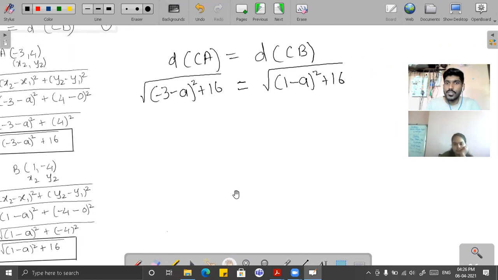Now we need to simplify this to find the value of A. First, we need to get rid of this square root.